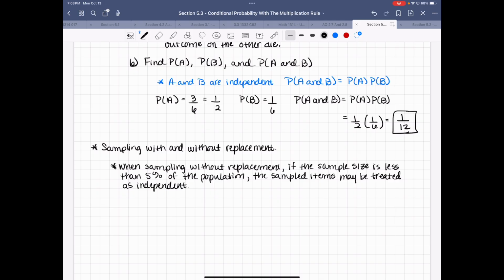Okay, so when sampling without replacement, if the sample size is less than 5% of the population, the sampled items may be treated as independent.